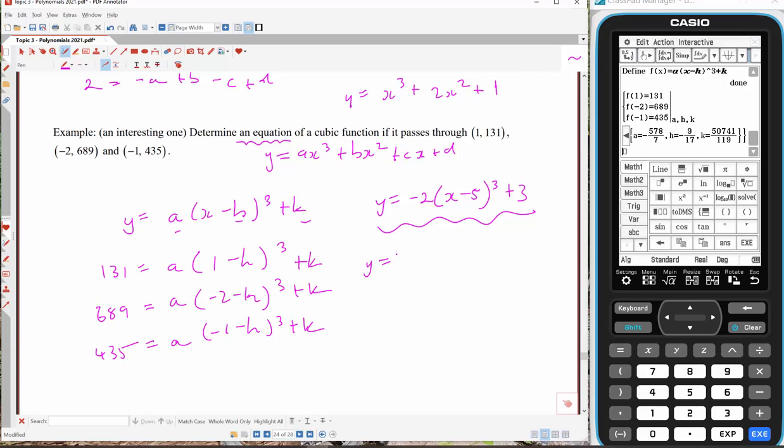Y equals negative 578 over 7 x plus 9 on 17 all cubed plus 50741 over 119. So try both of those out, and what you'll find is that when you fire in one, you'll get 131 out of both of them, negative 2 in 689, etc, etc.